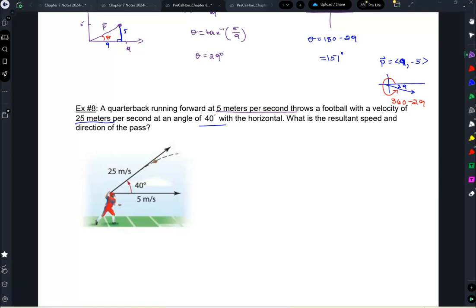So basically what's happening is, here's the player. That's the player's vector. And then you've got the vector of the ball that makes an angle of 40 degrees with the horizontal.